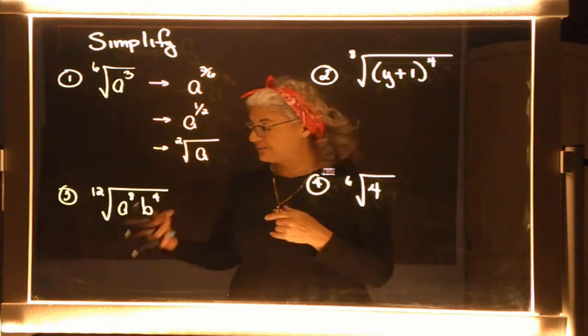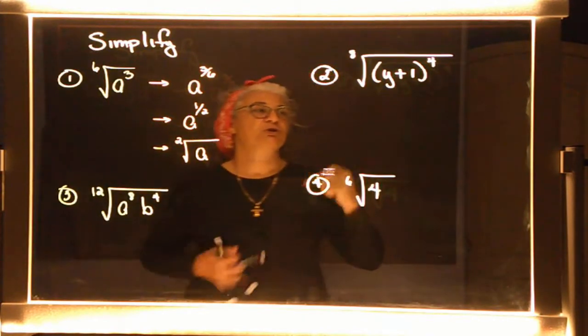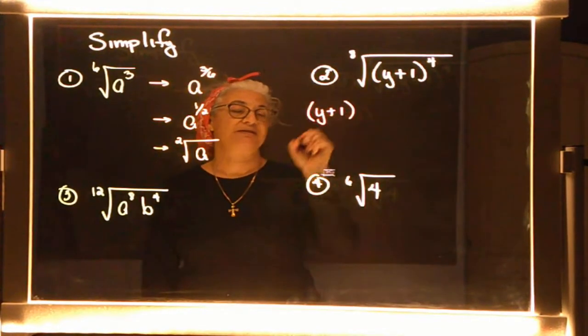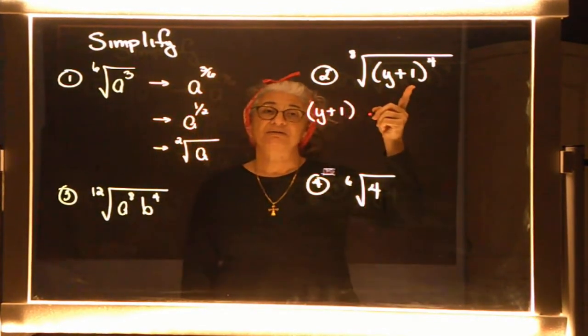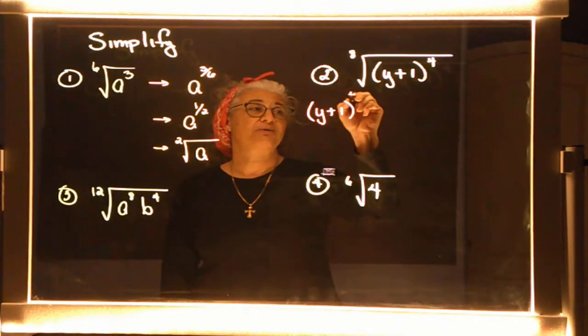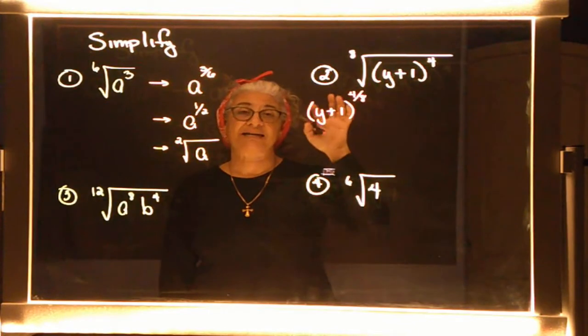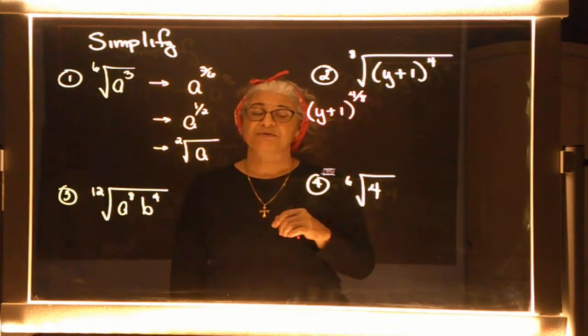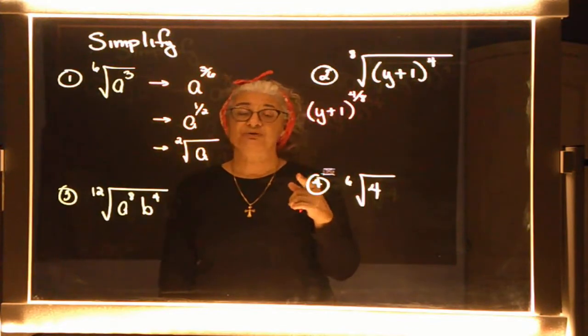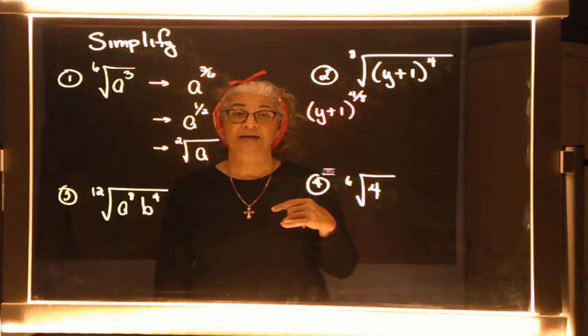Let's identify the base. What's the base? Good. Y plus 1. And that is in parentheses. Now what was the power? 4. What was the root? 8. So couldn't I write this to the exponent of 4/8? I sure can. And can't I also simplify now that exponent?